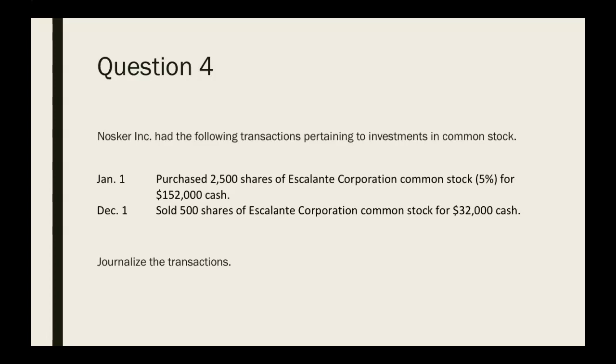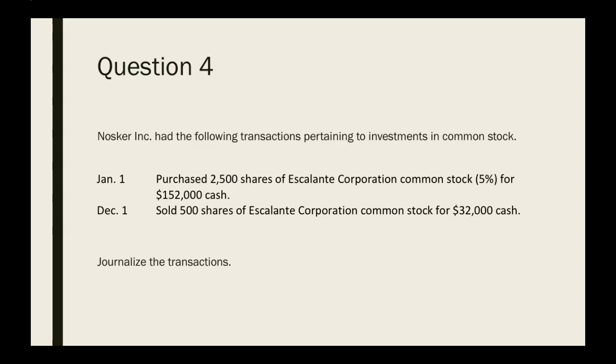In this case, on January 1st, you're purchasing 2,500 shares of Escalante Corporation common stock. So you're investing in Escalante Corporation. Then it says 5% for $152,000 cash. What does that 5% mean?